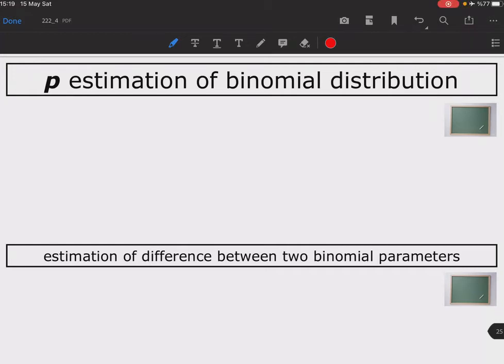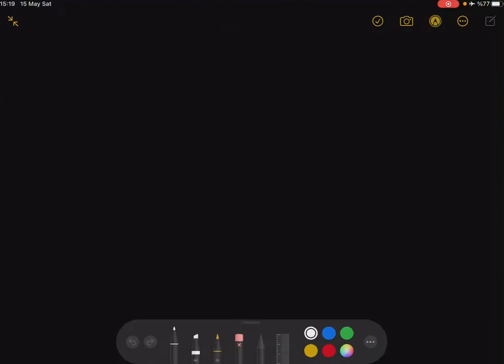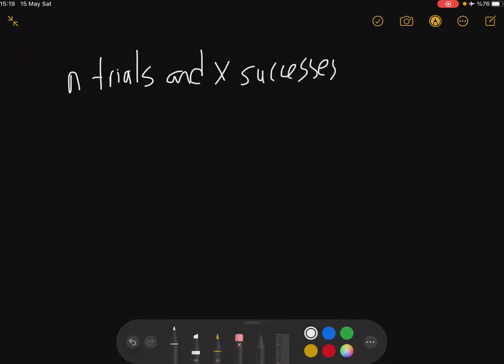Now we're going to discuss p estimation of binomial distribution. Let's try to show this on the board. So we're talking about n trials and x successes, right? Usually like this.